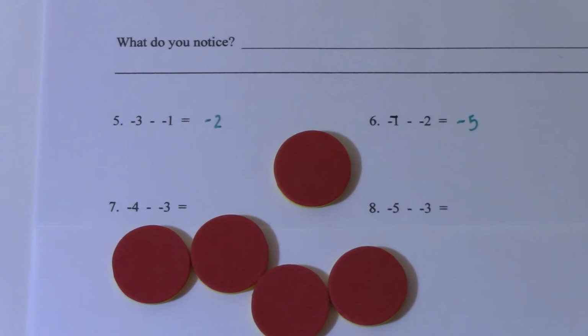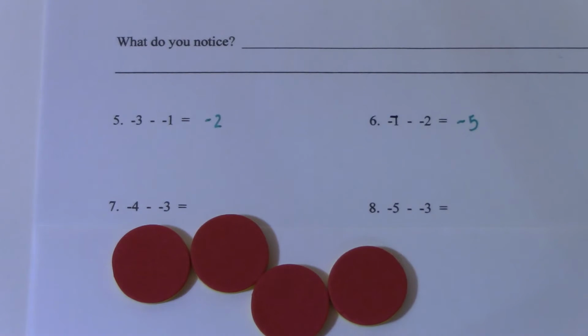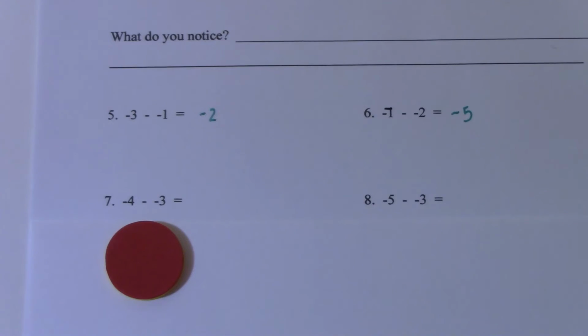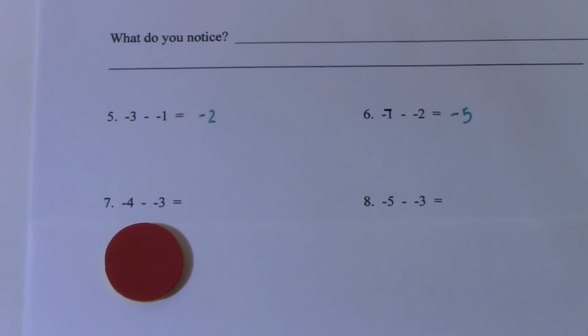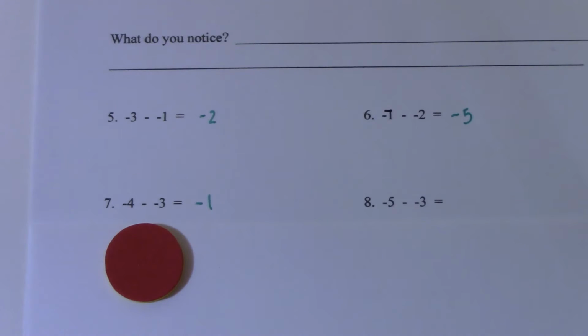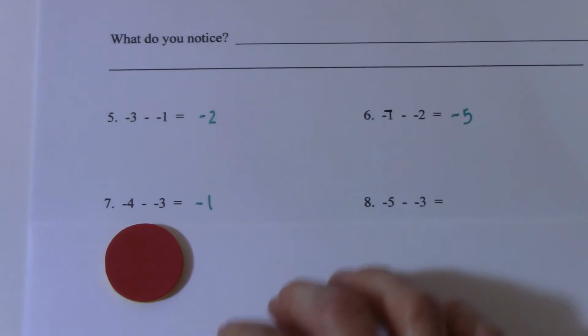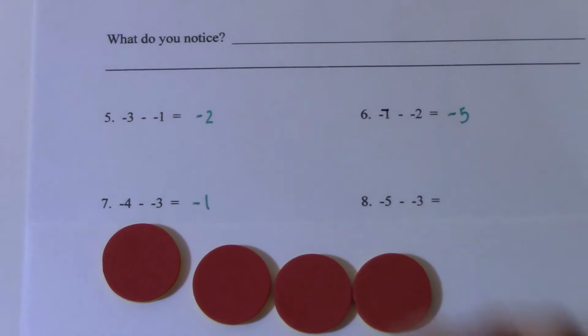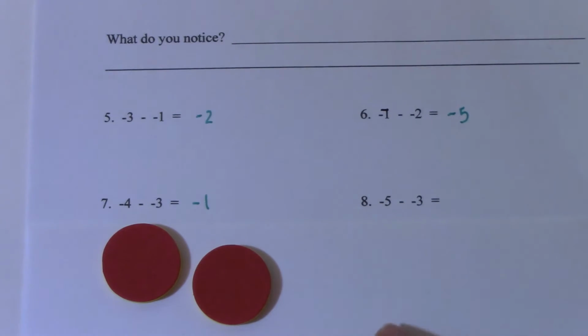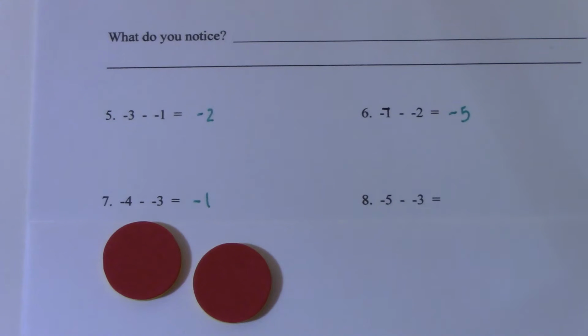The next question, I have -4, and when I take away 3 negatives, I'm left with a -1. The next question, when I have -5, and I take away 3, I have -2.